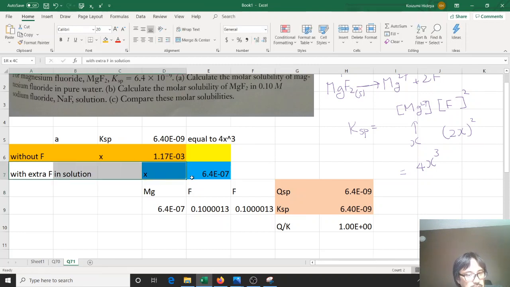Look at the difference between the solubilities here. Without F, it's about 0.001, so quite a bit is going to dissolve. But with F floating inside the solution, you can only dissolve about 0.00000064, right? So it doesn't dissolve as much as the previous one, and that's the common ion effect.